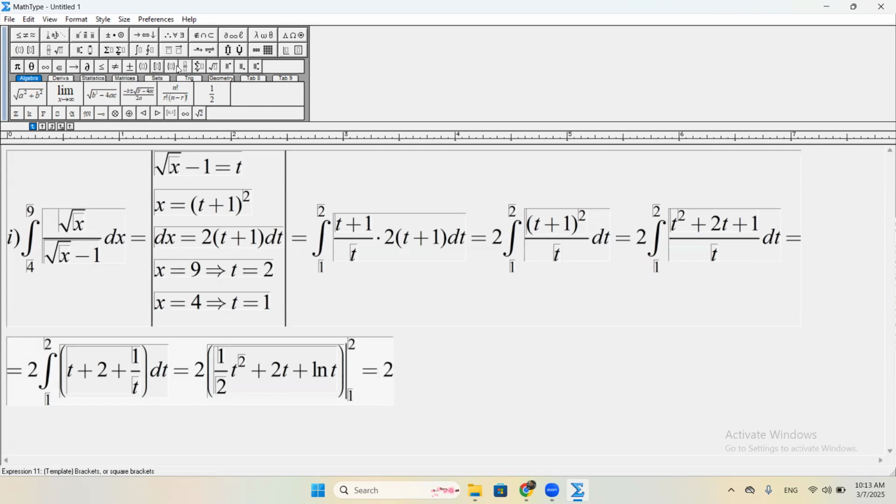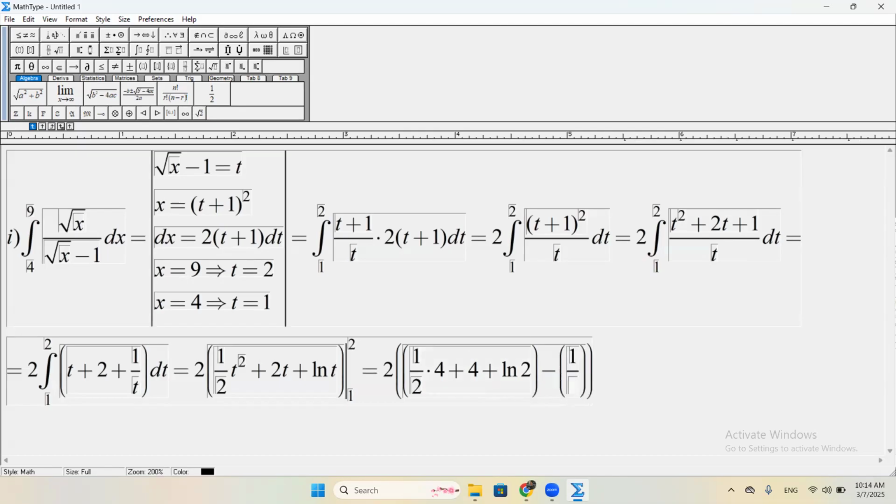So 2 multiplied by the following expression: 1 over 2 by 4 plus 4 plus logarithm of 2, minus 1 over 2 plus 2 and plus 0.